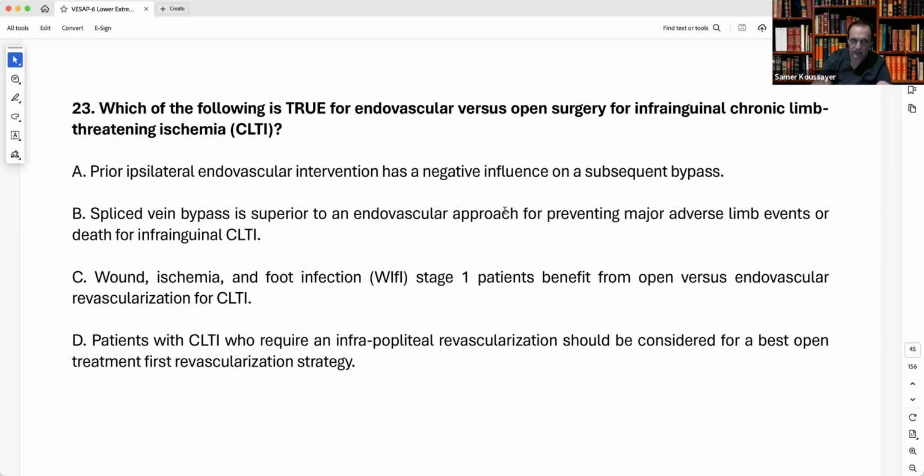Everyone agrees on that: if you have an endovascular intervention first and have to do a bypass later on, I'll give you an example. You have an SFA occlusion and single runoff through the posterior tibial artery. You can do a very nice fem to posterior tibial bypass with the vein. If you have a good vein, which is the BEST-CLI trial, you get excellent outcomes.